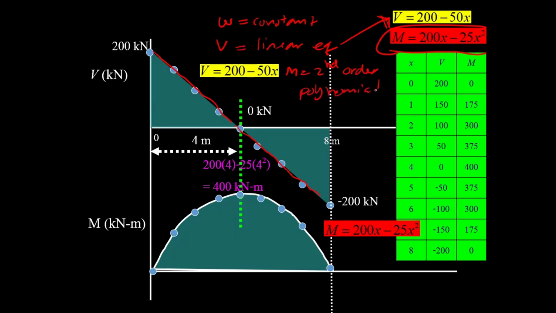Since it is a second order polynomial equation, the graph of the moment is going to be a curve. Please remember it.